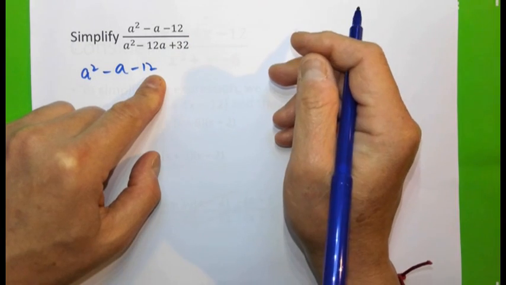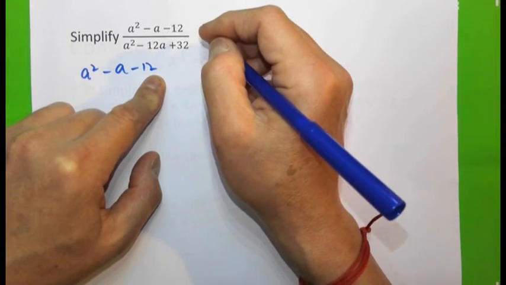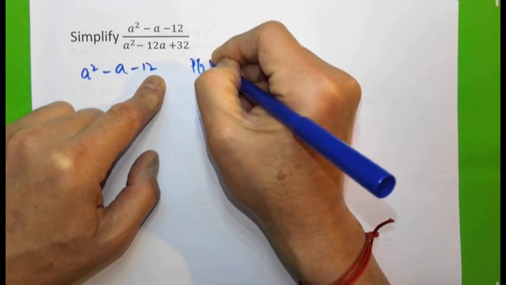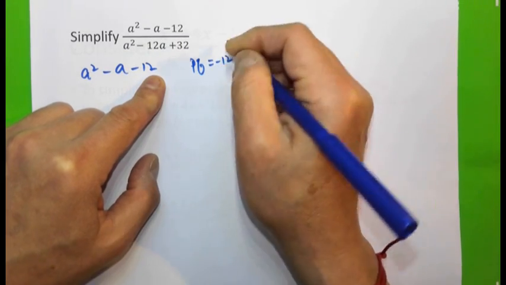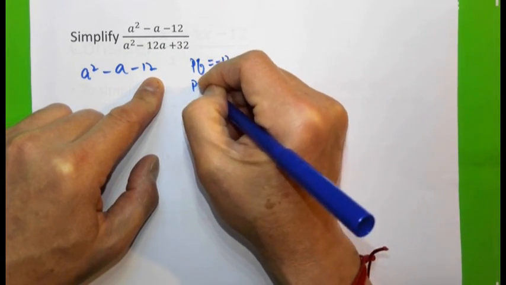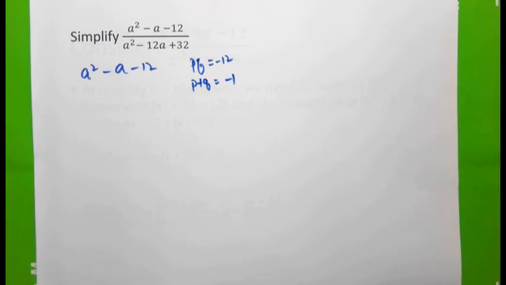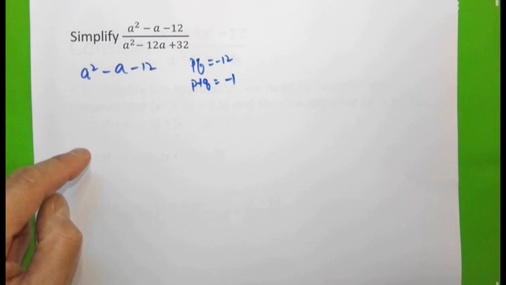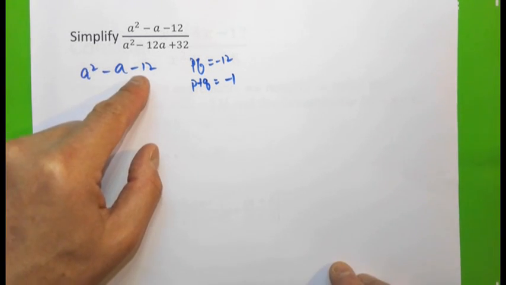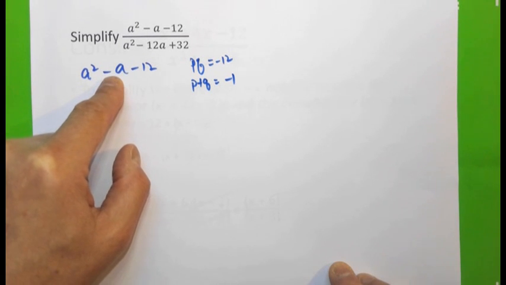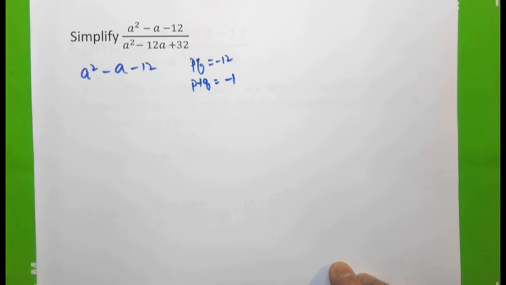Right, two numbers which will give us a product of minus 12, and two numbers which will add up to minus 1. Okay, we know that 4 times 3 is 12.